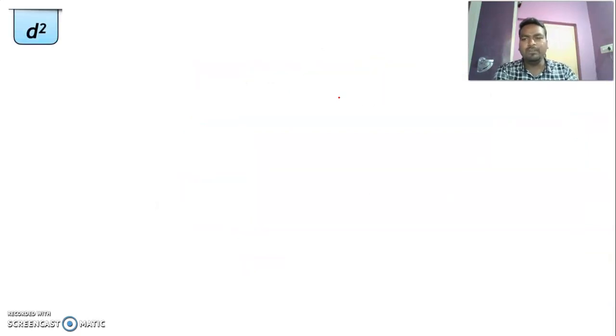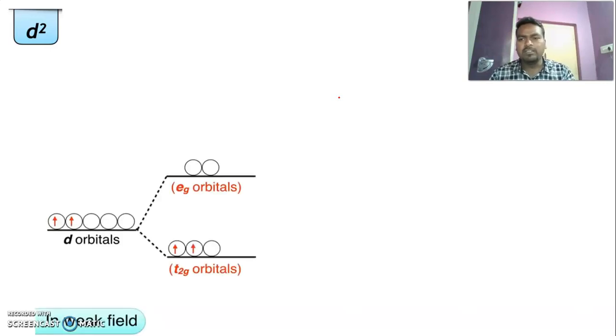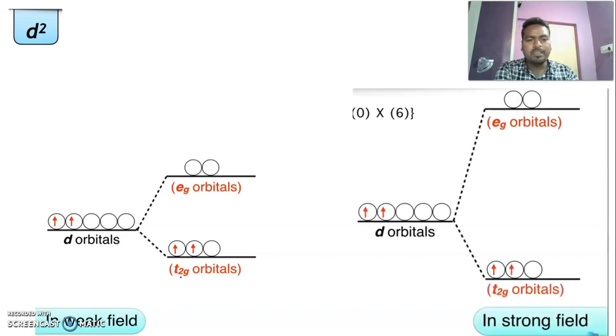Then if you take a d2 system, here I am going to explain both the weak field and strong field cases. You know the meaning of weak ligand and strong ligand. In case of a d2 system, there are two electrons in the d orbital, and after splitting, both electrons go to the t2g lower energy orbitals. In case of a strong field, there are two electrons here also. The electronic configuration is the same.